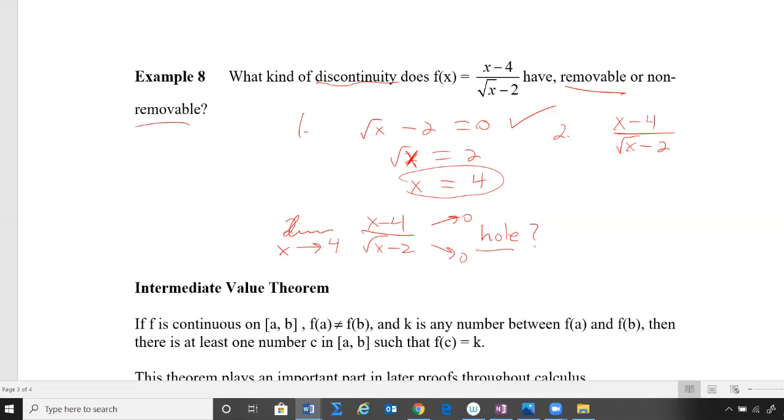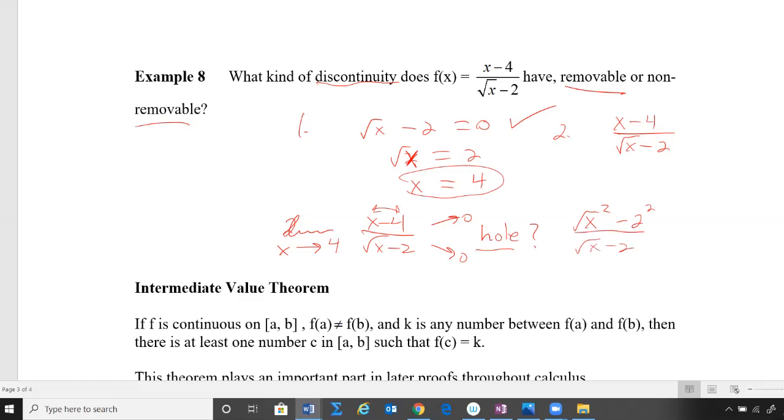If we can get that division by 0 to disappear through a cancellation, if that can happen, then we know it's a hole. So what you'll do for this one, we've seen these before, there's a couple ways to handle them. If you take your expression, you can think of this as a difference of two squares: square root of x squared minus 2 squared.